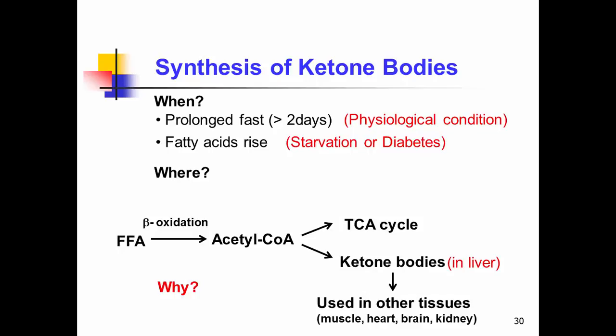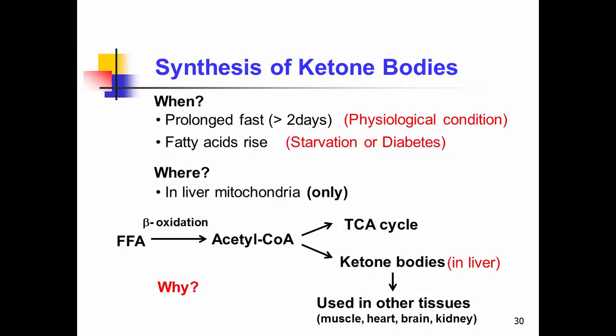So in which tissue does ketogenesis occur? Liver, yes, liver. So the ketogenic process mostly takes place in the mitochondria, right? In the liver, in the mitochondria.